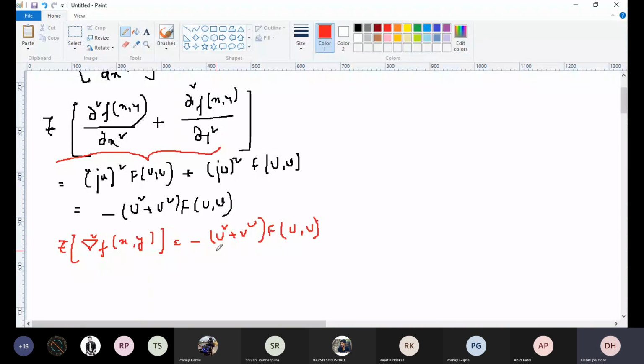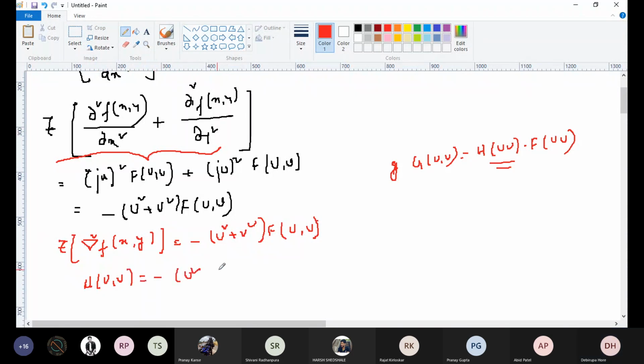Okay. Now we know that G of u, v is equal to H of u, v into F of u, v. Now comparing with this equation, we can get that the filter H of u, v is given by minus (u square plus v square).